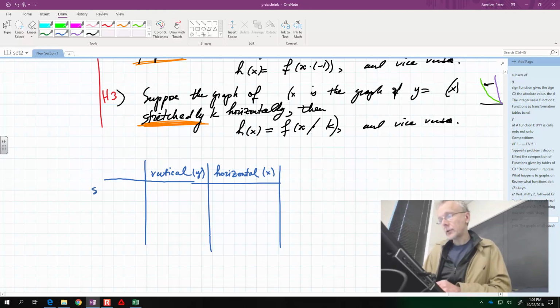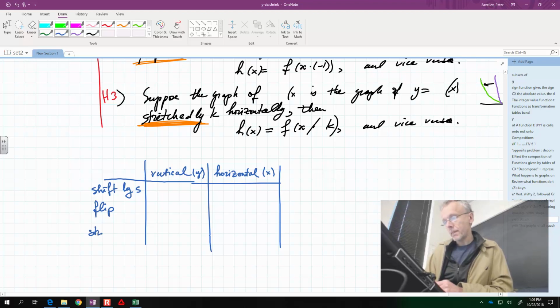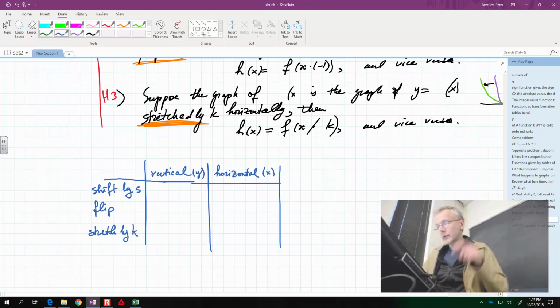Okay, so we have shift by k or by s, flip, and stretch by k. Okay, so the vertical is very straightforward.